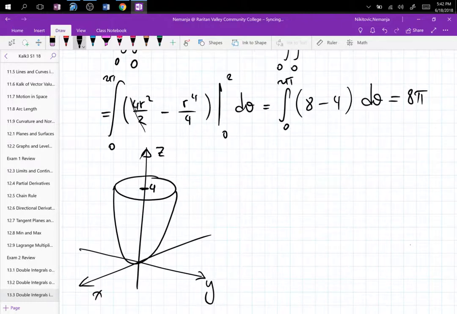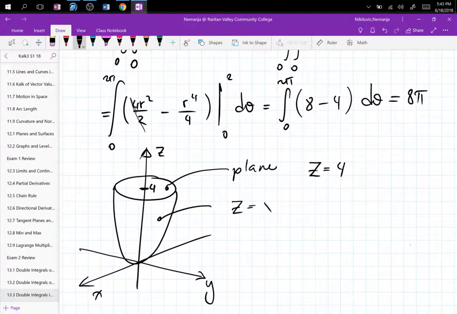Well, it's going to be a plane minus the... So now, the issue is that you have a plane over here, and that plane is z equals to 4. You need to transform this plane into r theta. And you have the equation here, which says that z equals x squared plus y squared. And it grows without a bound, but this is its bound.